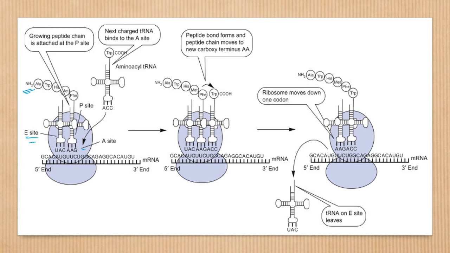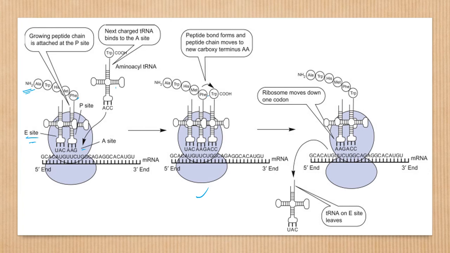So here it is phenylalanine. The P site has the amino acid phenylalanine. Now that A site, see in the second diagram, that is the A site, it is the third tRNA, it comes with the tryptophan amino acid. So this tryptophan bonds with the phenylalanine.